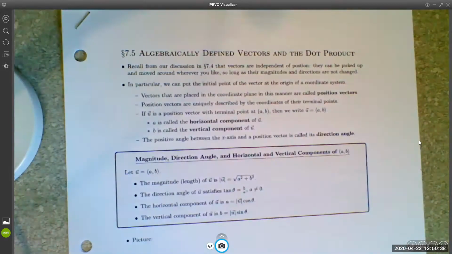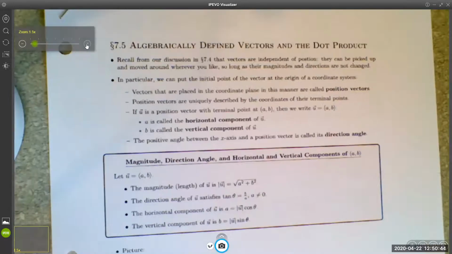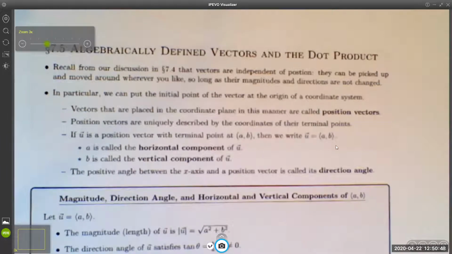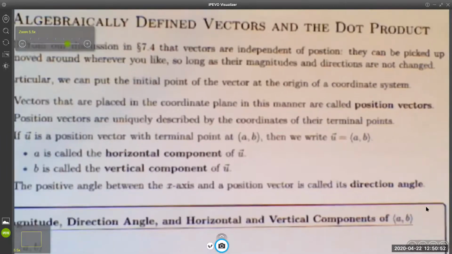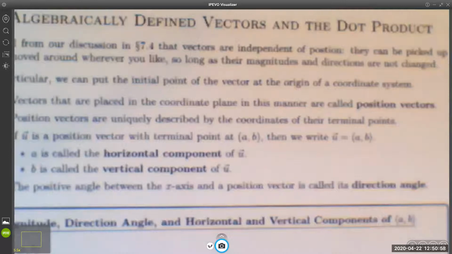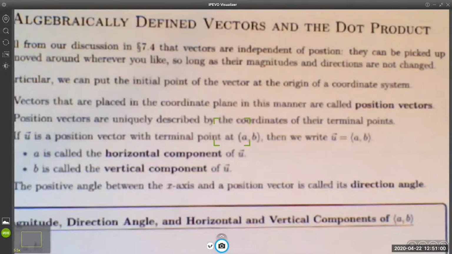I don't know if you can see that. I'll zoom in on this. So you can see the difference: here I'm using rounded parentheses and here I'm using angled brackets. It might help if it were more focused. Oh, that's not any better. I can't control the focus on this.